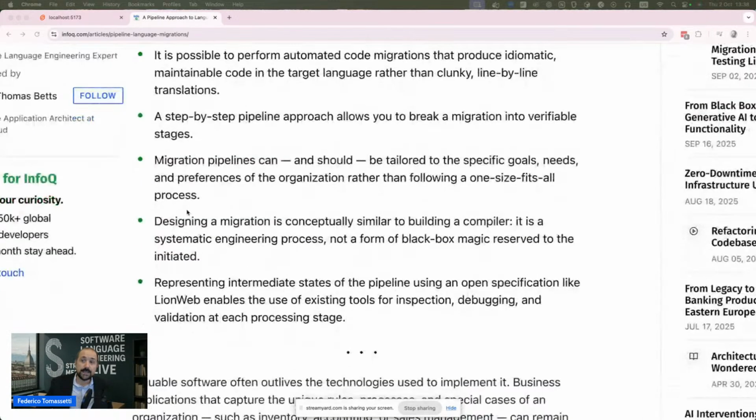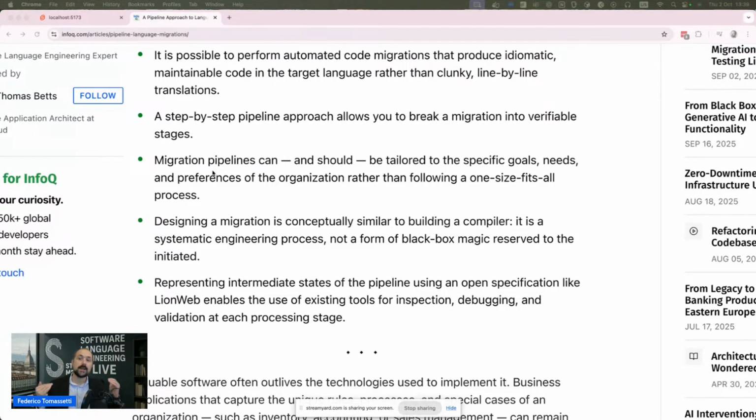Another point, the third point out of five, is that a migration pipeline can and should be tailored for specific needs. The architecture is presented in this article, but it is a flexible architecture by nature. There is a combination of stages that you can combine, rearrange, you can add some, you can remove some, you can customize one of the steps.